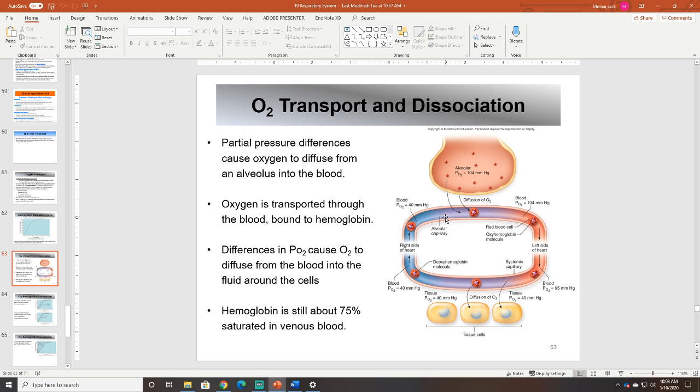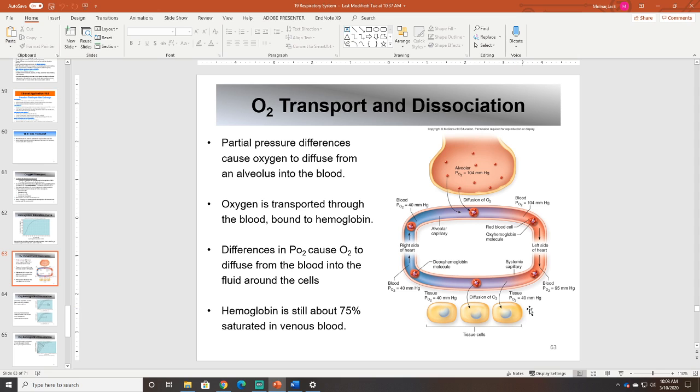So oxygen moves, again, from high partial pressure areas to low partial pressure areas, from 104 millimeters mercury into the 40 millimeters mercury area in the capillaries. Then down at the tissues, you see that the tissues have a partial pressure of about 40 millimeters mercury. Blood entering the capillaries and the tissues is about 95 millimeters mercury.